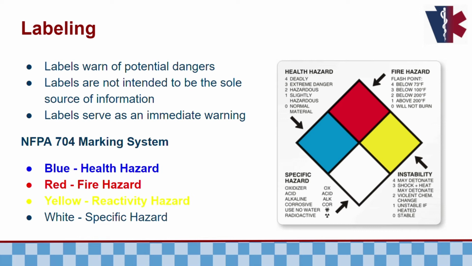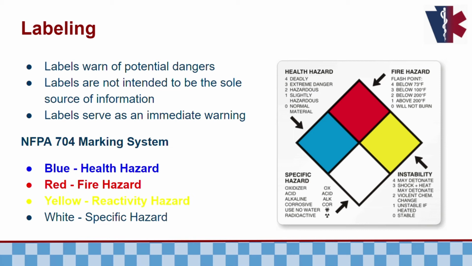In this picture, you see the NFPA 704 marking system. This labeling system uses a number range 0 through 4 to identify hazard potential. The higher the number, the greater the risk. The blue section identifies health hazards. The red section identifies fire hazards.